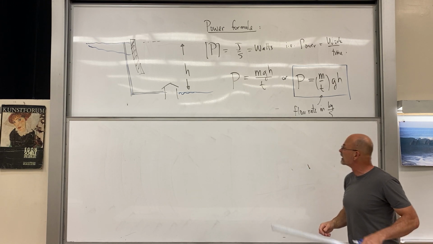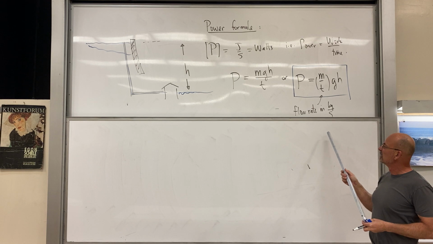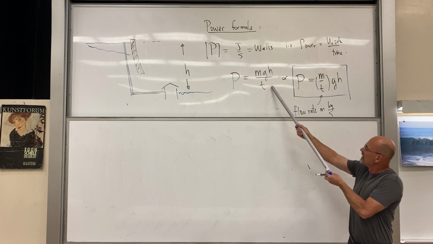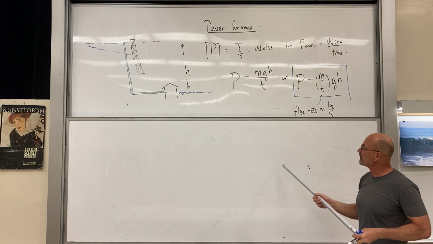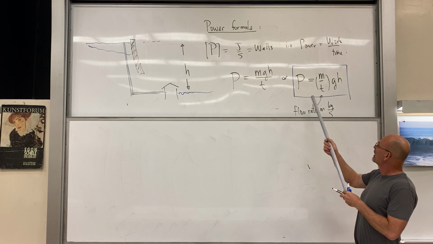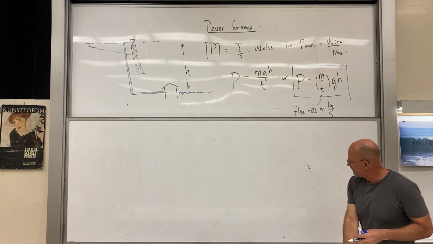We've used this formula with the grandfather clock, and it was a tiny wattage. We used it for our stair climb, and it was 500 watts, maybe 1,000 watts if you're a football player. And we're now going to use it for a hydropower scenario.